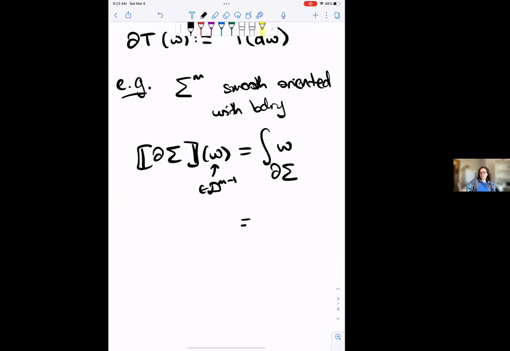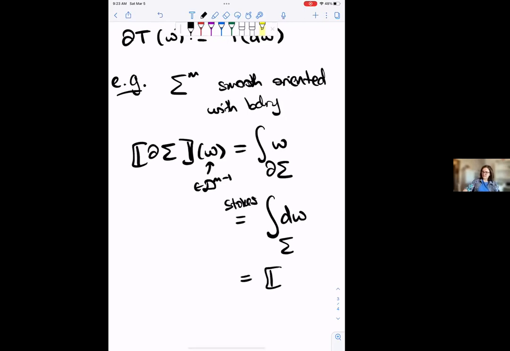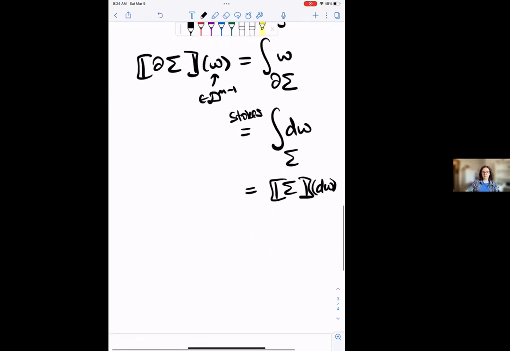But now by Stokes' theorem, this is equal to integrating the exterior derivative of your (m-1)-form over your m-dimensional surface. And this, as we already defined, is exactly how you naturally induce an m-dimensional current from sigma. So we define the boundary so that Stokes' theorem holds in a weak sense for m-dimensional currents.